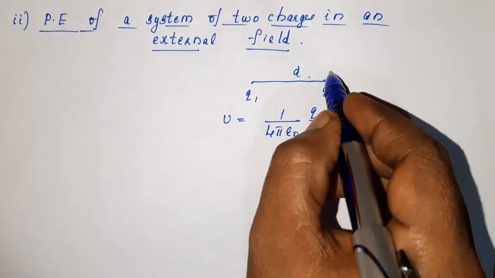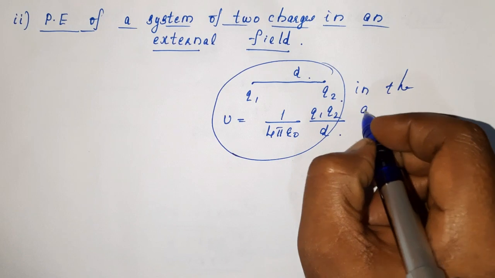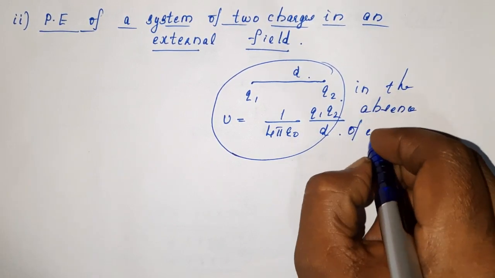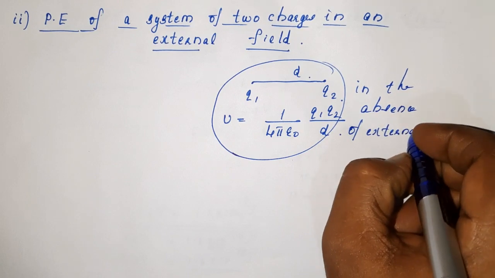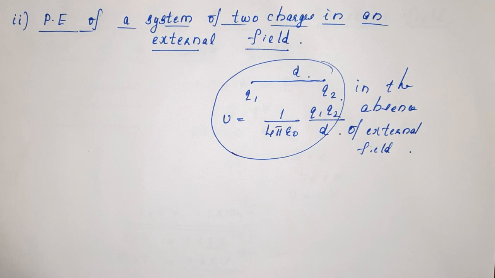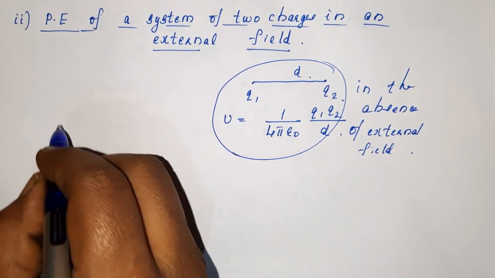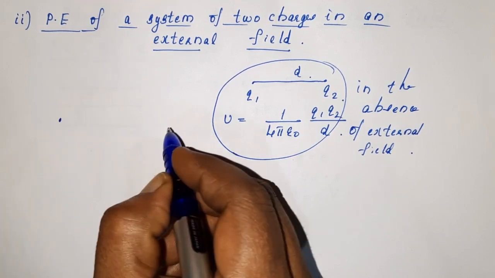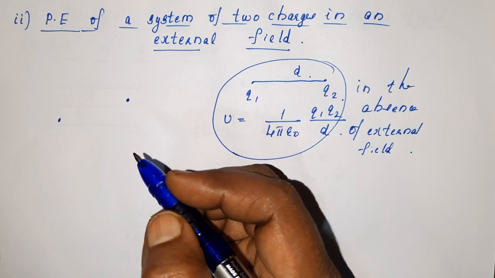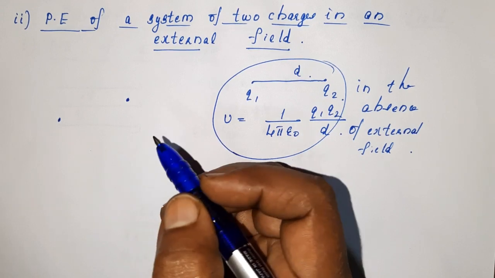So this was the case in the absence of external field. In the absence of external field, this is the expression for potential energy. So in the presence of external field, what will be the potential energy? Let's discuss. If there is an electric field, surely there will be potential, because potential characterizes electric field.